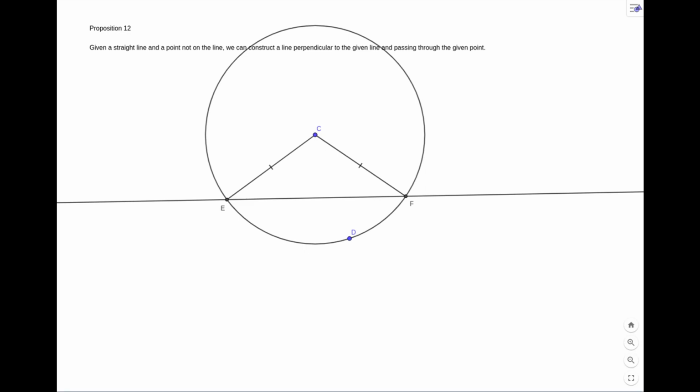At this point, we're done with our circle, so let's take that out of the situation and let's remove point D from our figure as well.